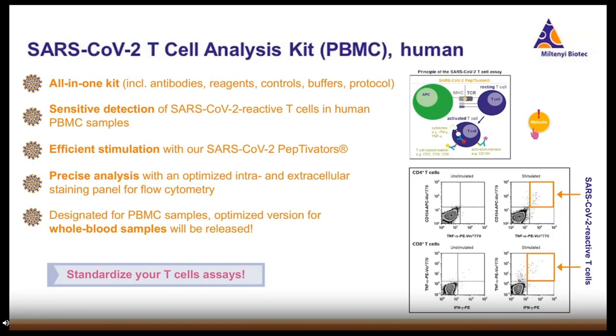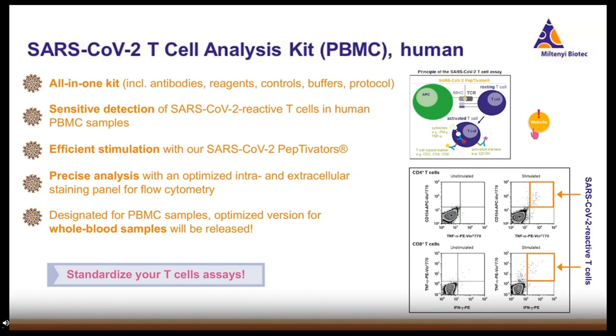Before I dive really deep into the topic, I want to quickly highlight a new product, the SARS-CoV-2 T-cell analysis kits that were released in December last year. These kits enable an efficient stimulation and sensitive detection of SARS-CoV-2 reactive T-cells in human PBMC samples.